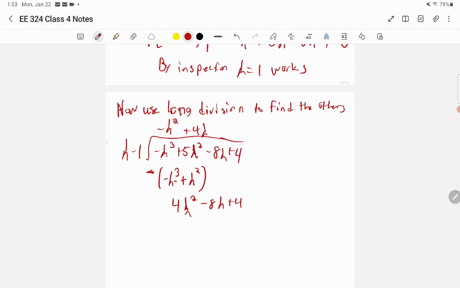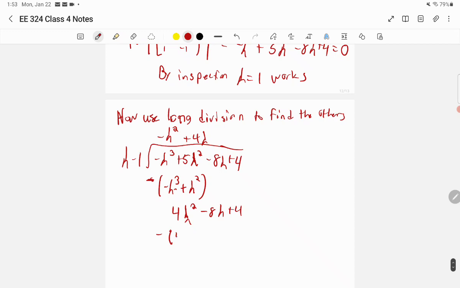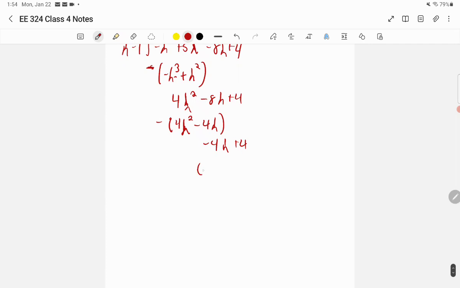Subtracting this off, 4 lambda squared minus 4 lambda leaves me with minus 4 lambda plus 4, which means minus 4 up here. And then the minus 4 gives minus 4 lambda plus 4. So that gives me a remainder of 0.